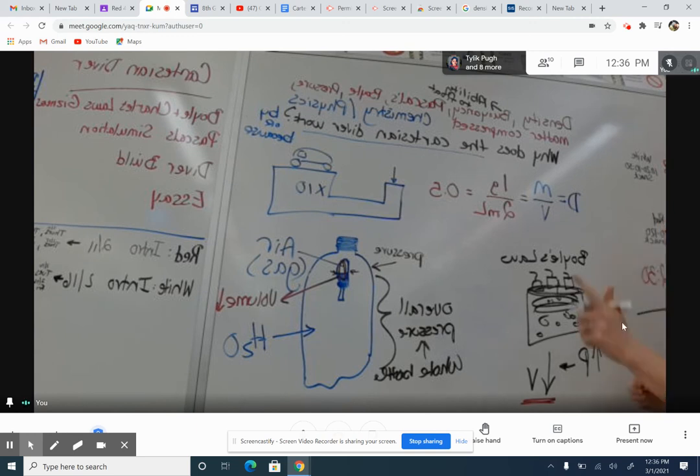Let's pretend I squeeze my bottle. How does my mass get affected? Does it? No. So what's my mass going to be? 1.